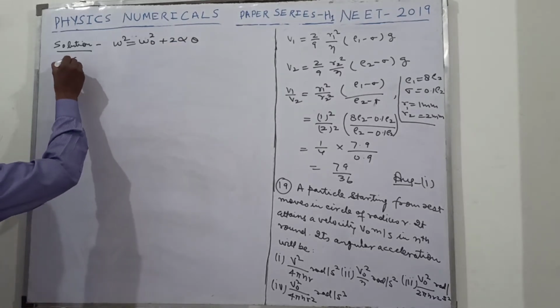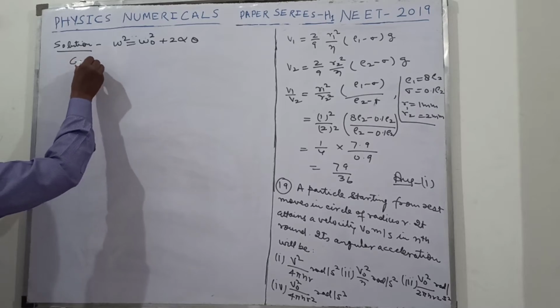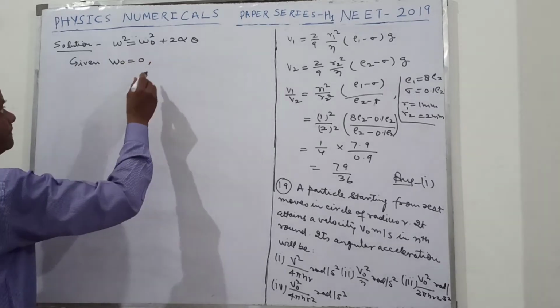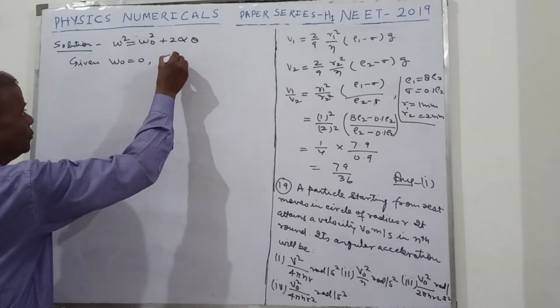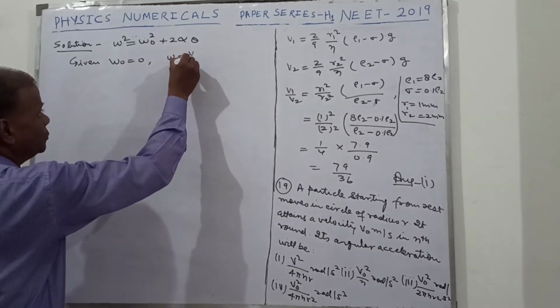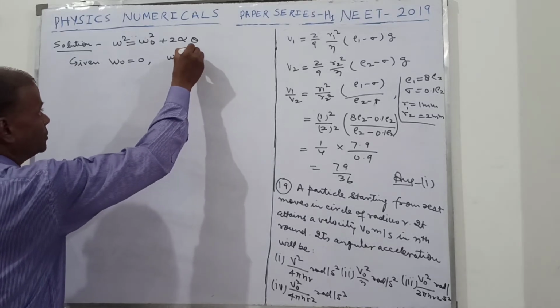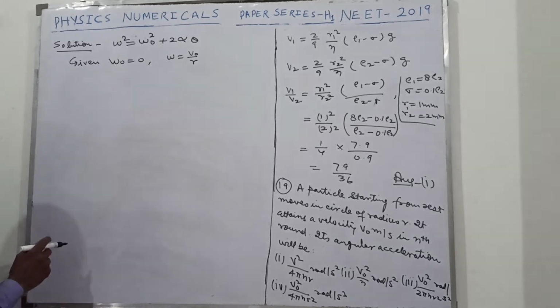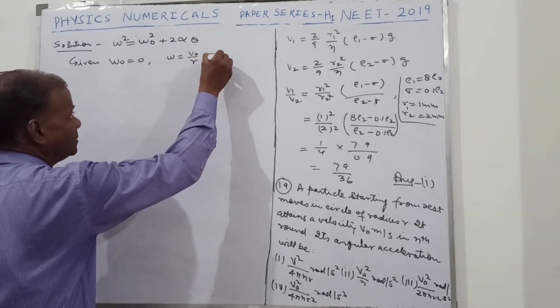Now given, omega naught equals 0 and omega equals v upon r, so it is v naught upon r. This is given. And theta.